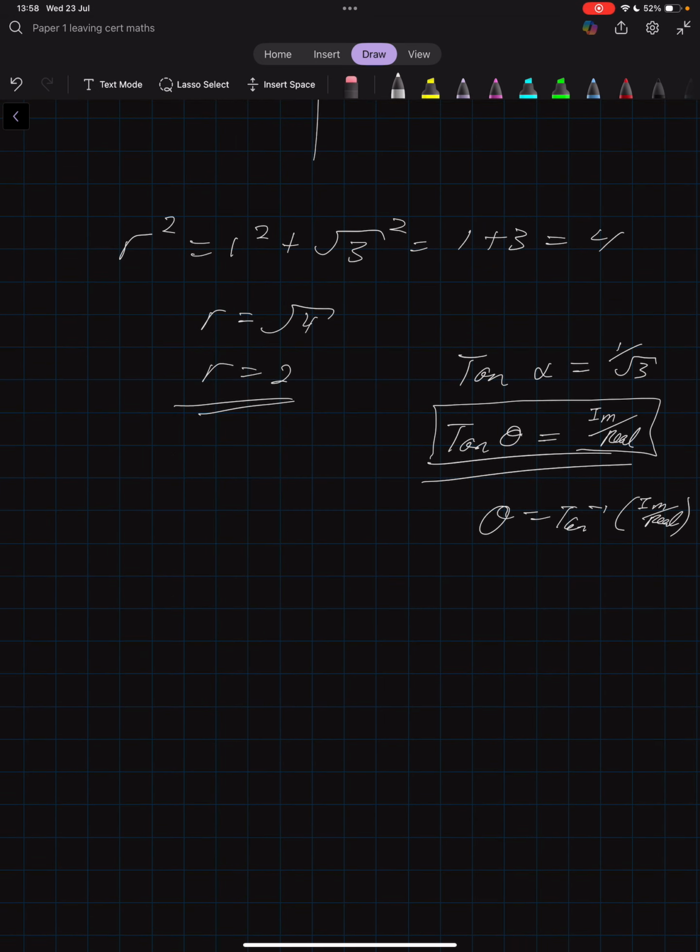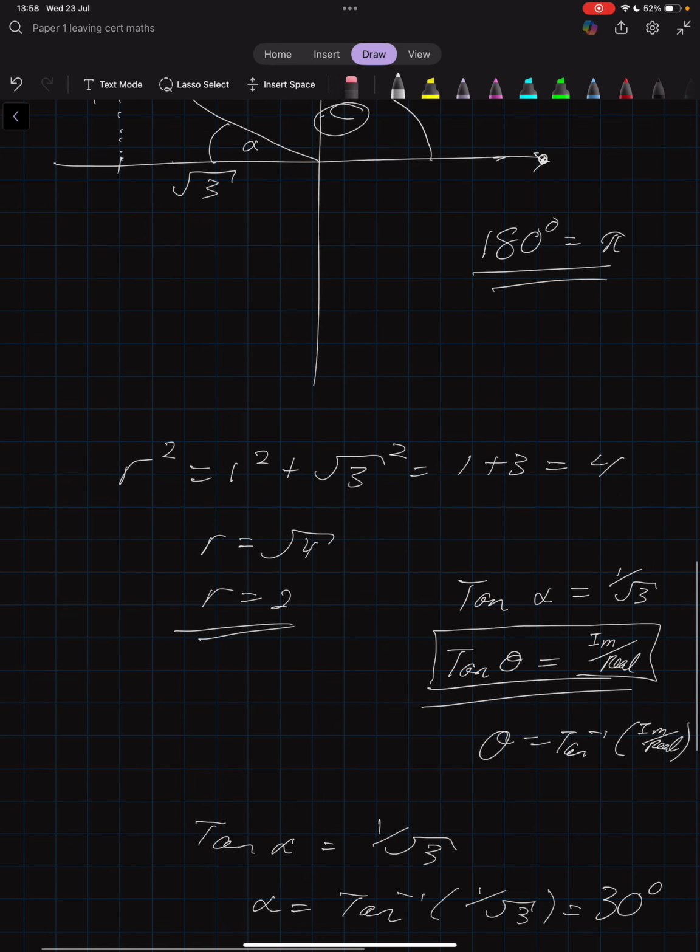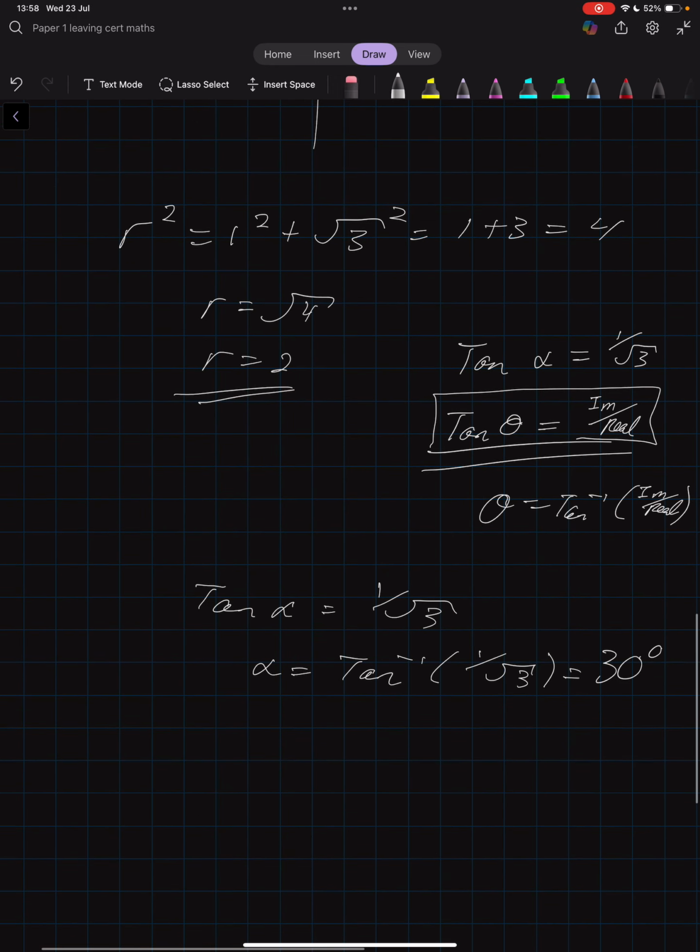So, that's that. And then here we have tan alpha is equal to 1 over root 3. So alpha is equal to tan minus 1 of 1 over root 3, and this is equal to, sorry, 30 degrees. Again, if you had your calculator in radians, you'd get that this is pi over 6.